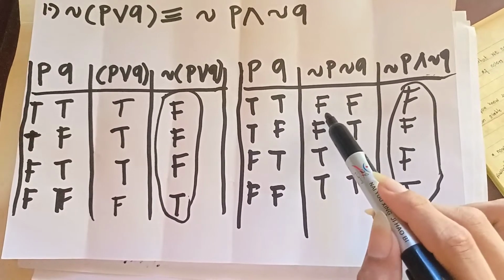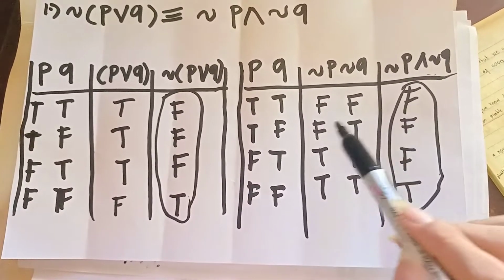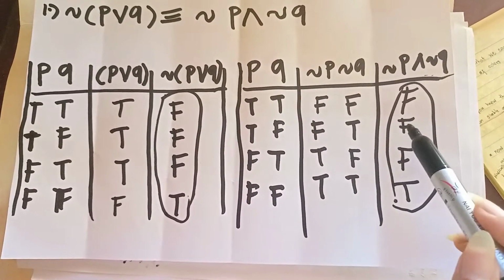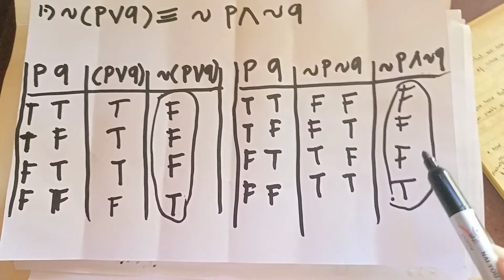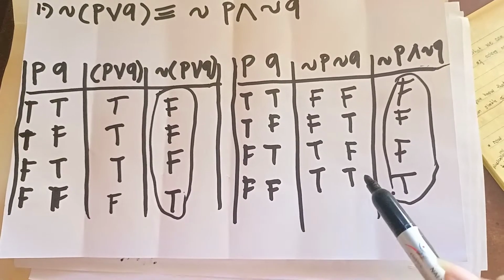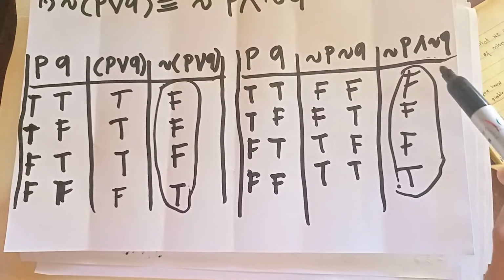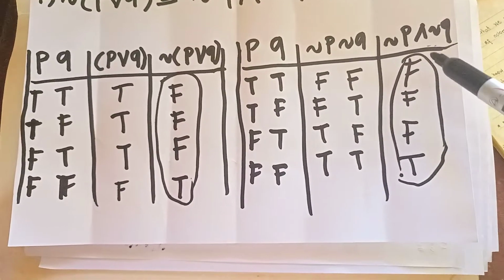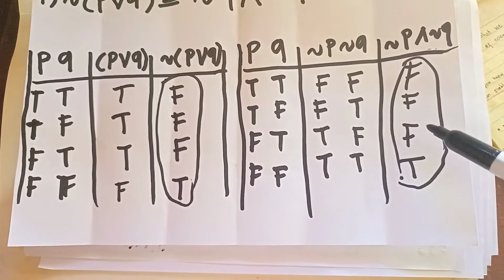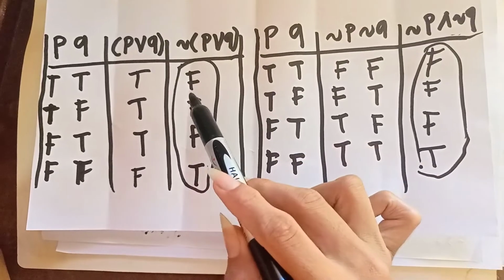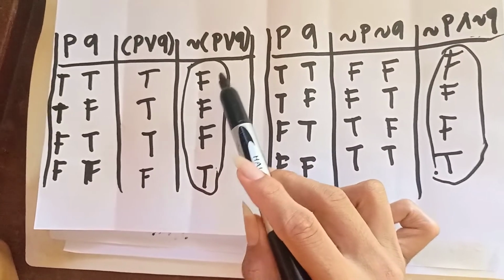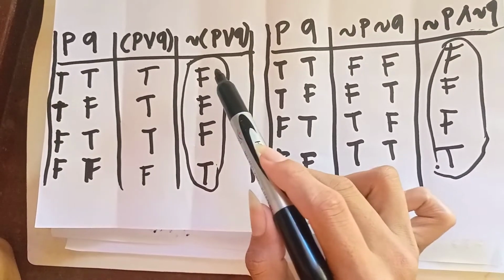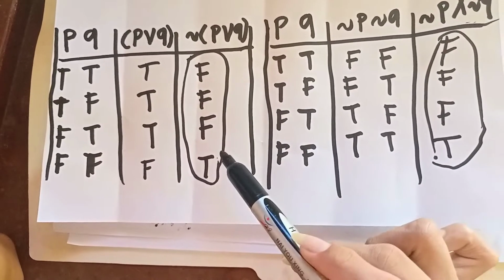Then here, false, false, false. False, true, then false. True, false, then still false. True, true, then it became false. Then, here is our whole statement: false, false, false, true. And in the first statement, which is here, it is false, false, false, true.